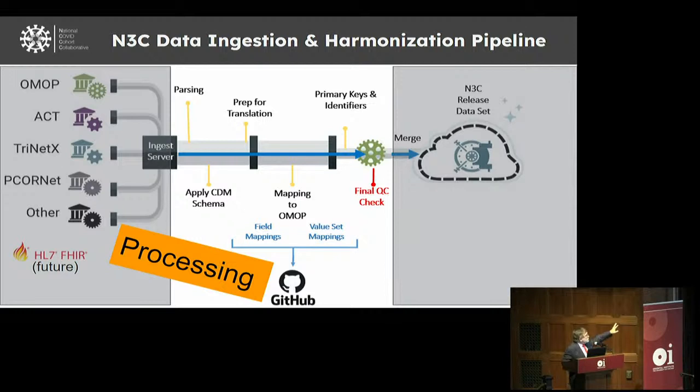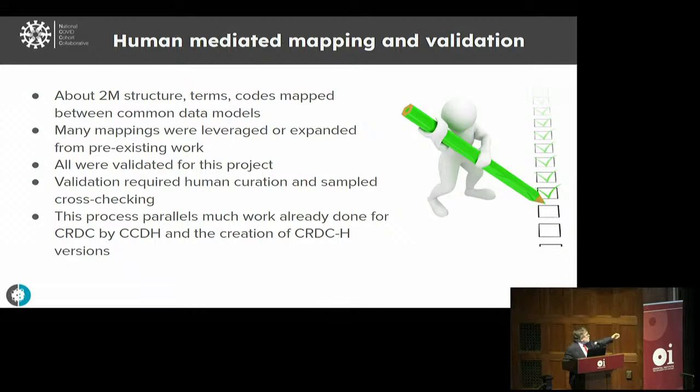So there is a central processing activity in this pipeline that, again, 2 million structured terms are mapped. We leveraged, obviously, pre-existing work, but we humanly validated all of it. And it parallels a lot of the work done in the cancer community, the Cancer Research Data Commons harmonized at the NCI.